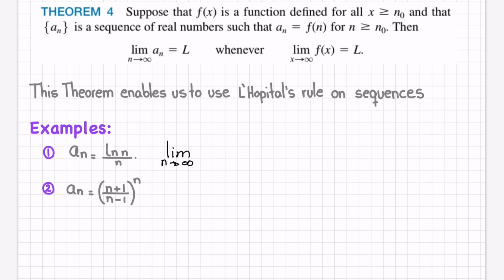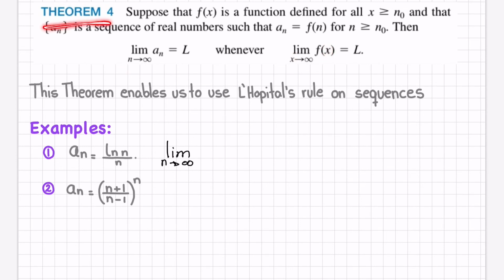Why? Because it doesn't matter how you take this limit, the limit of the sequence formed in that way will converge to the same L. Because here you can derive, but here you can't. Because remember, the derivative is done over all real numbers. Okay? But this is not.